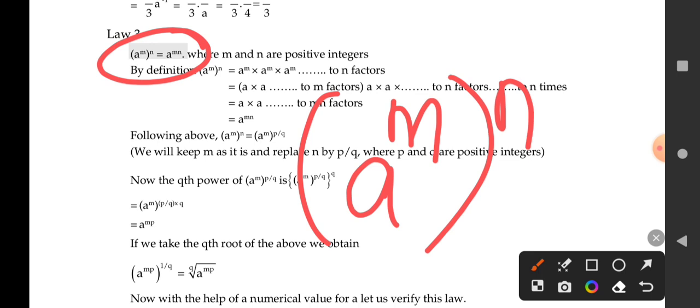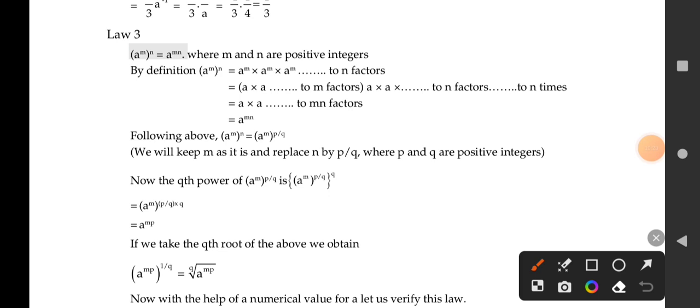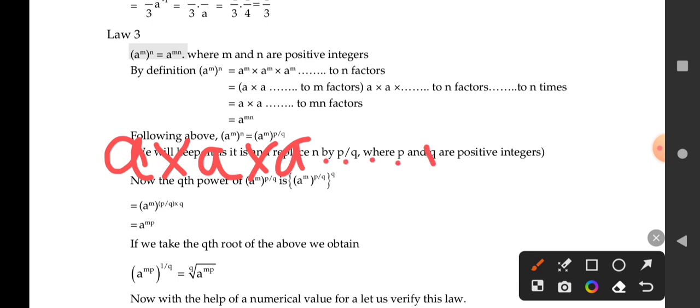So let's see the proof and explanations with assumptions and verify the law with its numerical value. So let's expand this with whatever knowledge we have. What does a raised to m mean? a into a into a, m times, right?